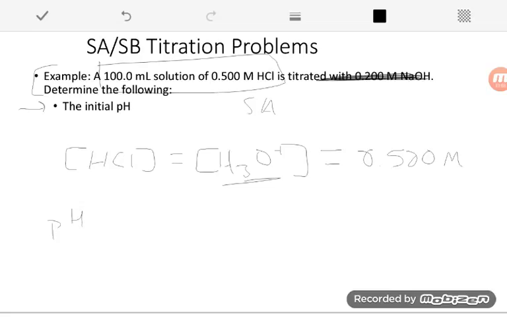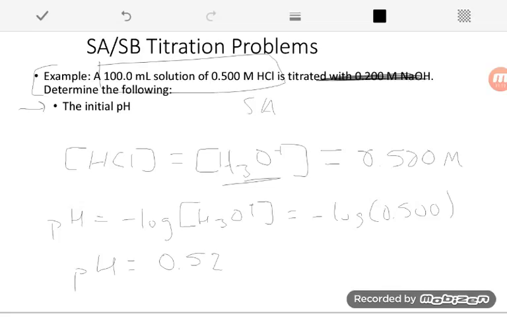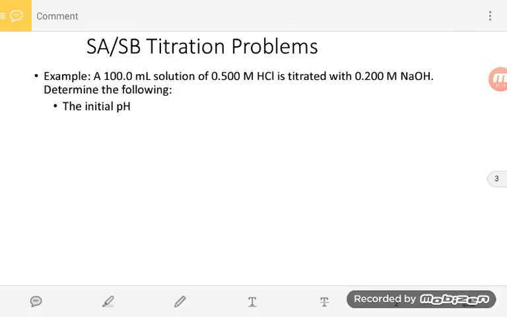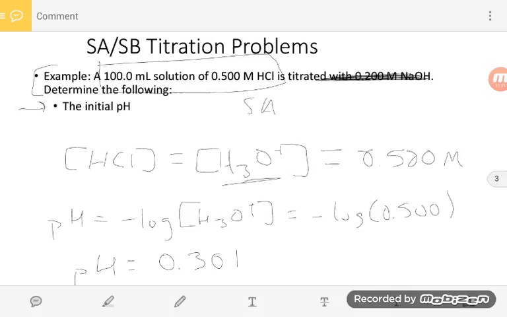So my pH is going to be super simple. pH is just negative log of H3O plus, so it's going to be negative log of 0.500, which means my pH is going to be 0.301. Done. That's all I need to do. So initially, I don't even worry about the sodium hydroxide. All I look at is that strong acid.